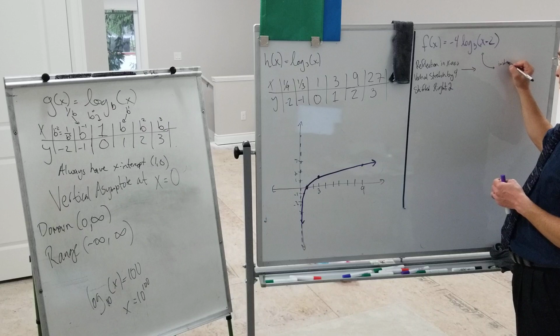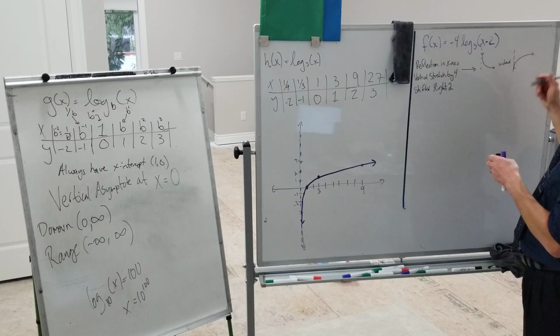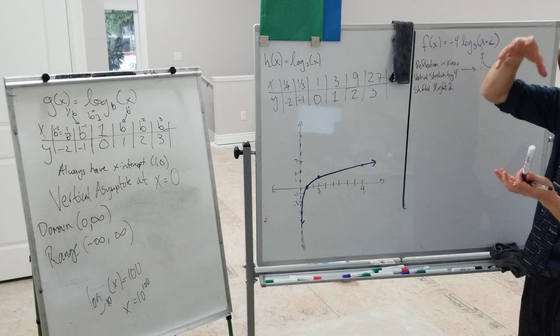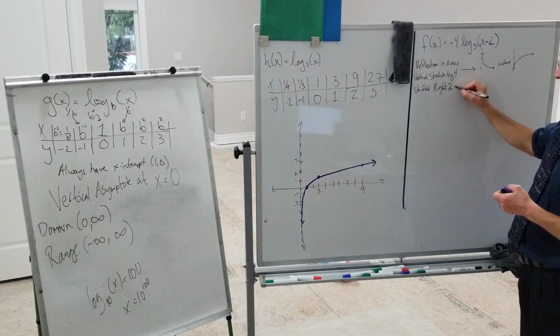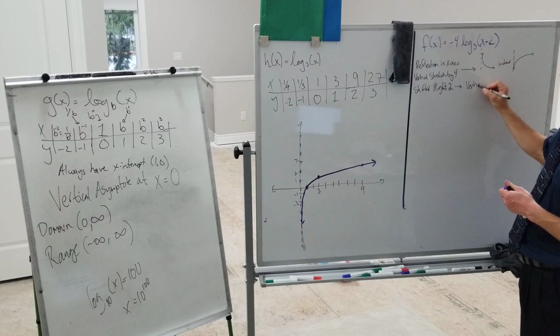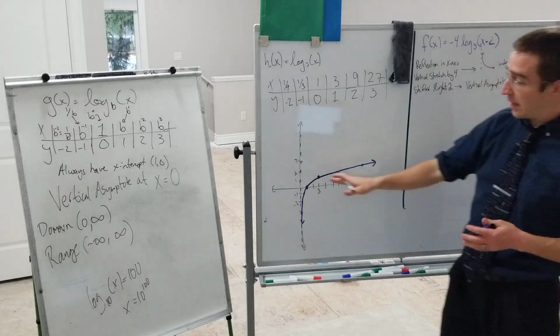of this, and it's going to be stretched by a factor of 4, so it's going to be a little steeper, it's going to be growing a little faster, and the right 2 is going to move our vertical asymptote, which used to be at x equals 0.